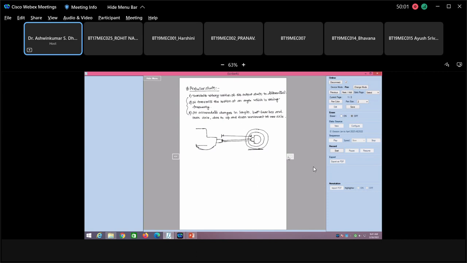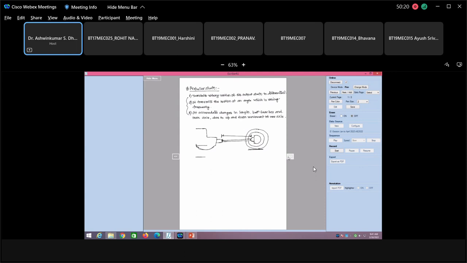अगर ऊपर गया तो लेंथ कम होती है. एक मिनट. The length of the drive line between the gearbox and differential varies due to this flexible. This is one way.